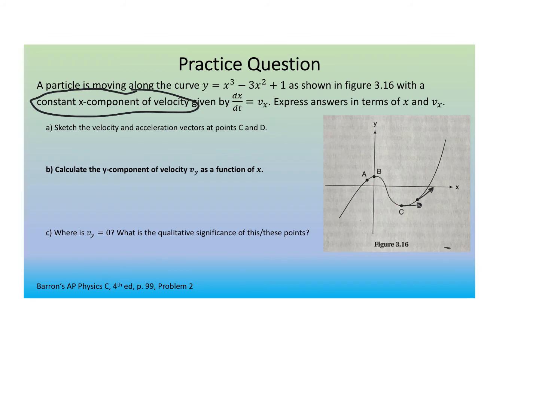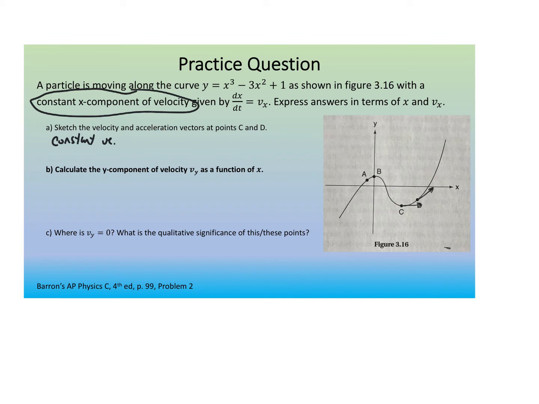But up and down, its velocity is going to change. And so if we're trying to sketch the acceleration vectors, the x component of the velocity is always the same. It's constant. And so its derivative to get acceleration is 0.